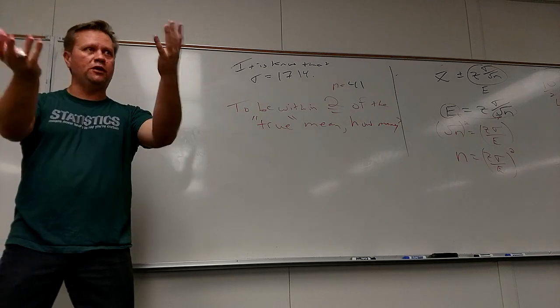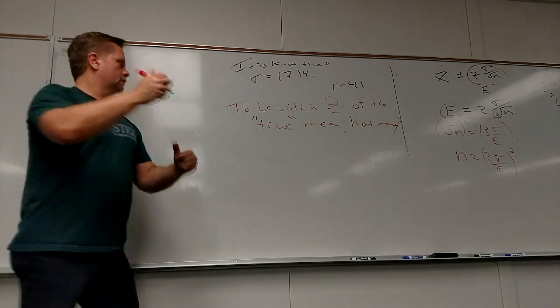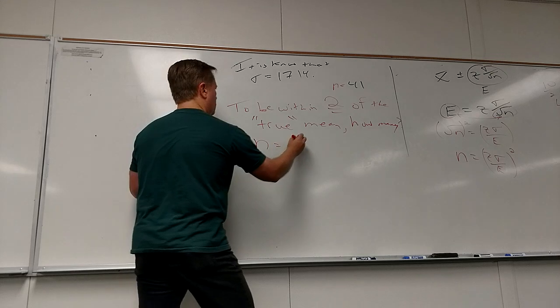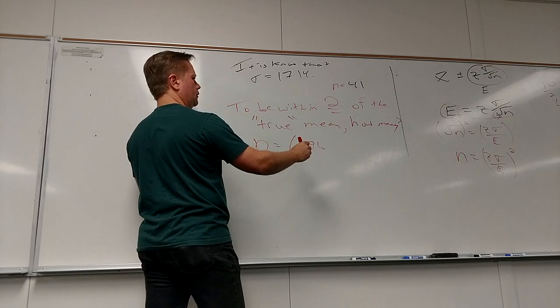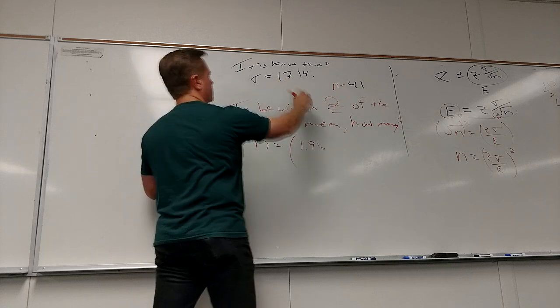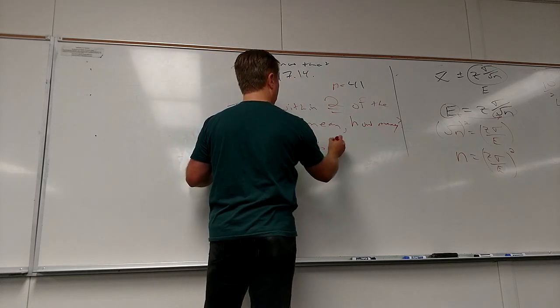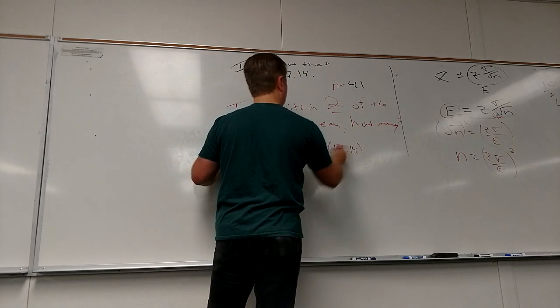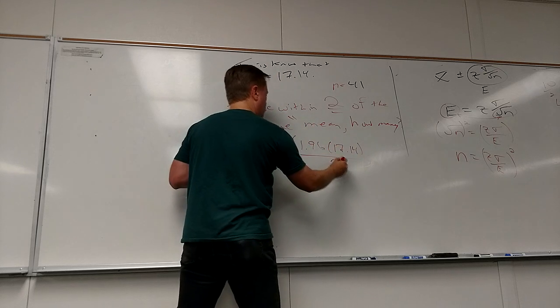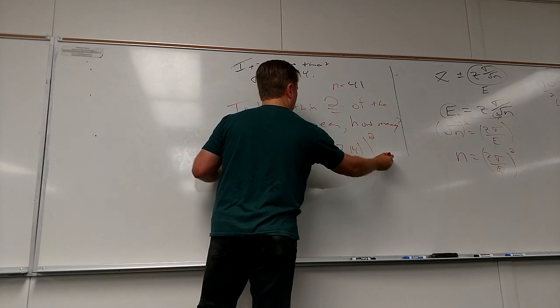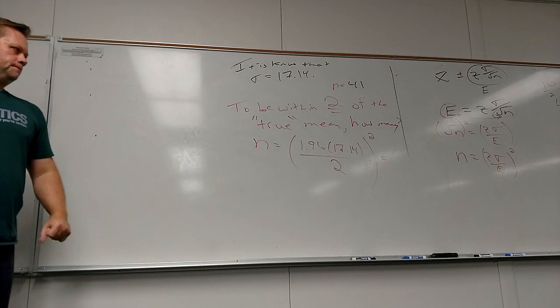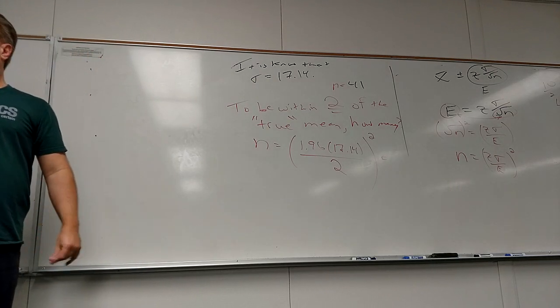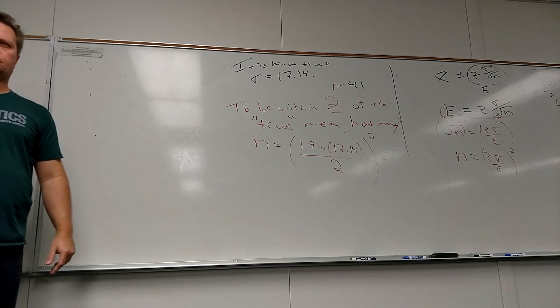That's how much I'm within something. So I'm going to have n equals, z was 1.96, sigma is 17.14, and my error, I want to be within 2. So whatever that comes out to be.